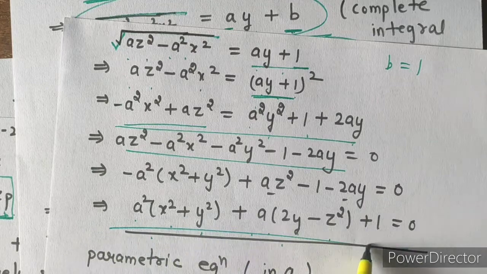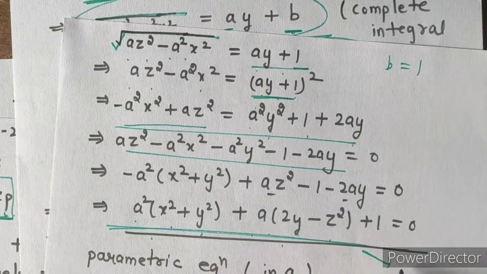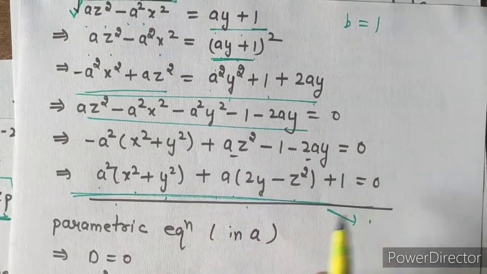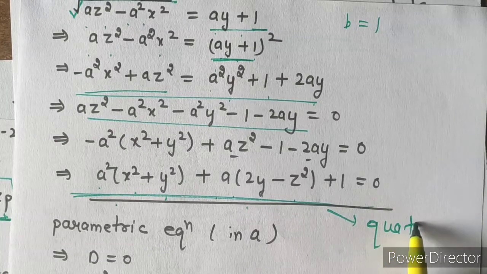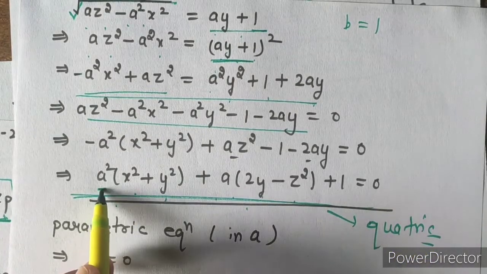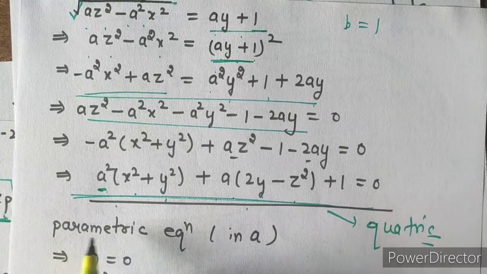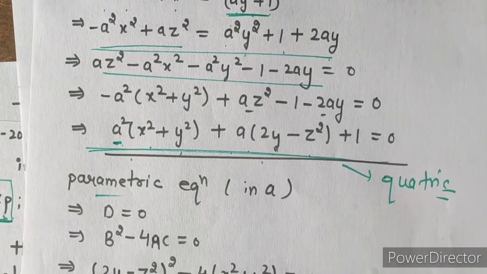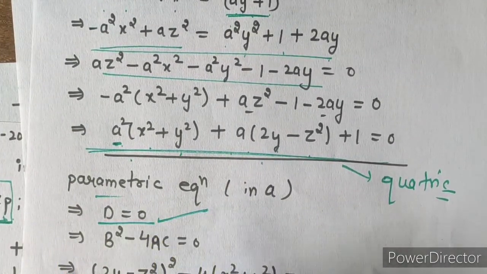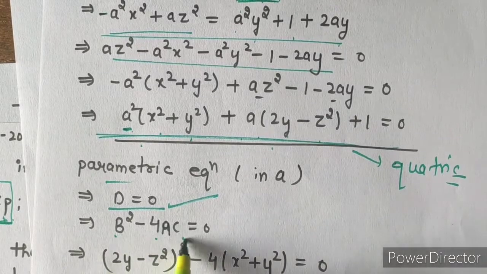Then this equation is a quadratic equation with parameter a. This is a quadratic in a. After this, we calculate the discriminant equal to 0, b square minus 4ac equal to 0.